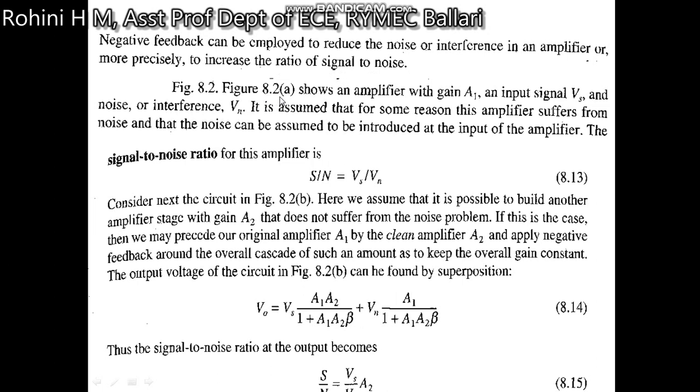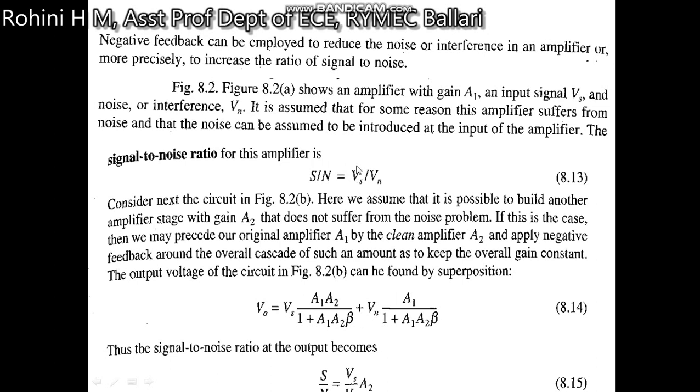In the previous figure, we discussed an amplifier with gain A1 and input signal Vs and noise or interference Vn. It is assumed that for some reason this amplifier suffers from noise. That noise can be assumed to be introduced at the input of the amplifier. Therefore, the signal to noise ratio of this amplifier is Vs divided by Vn.